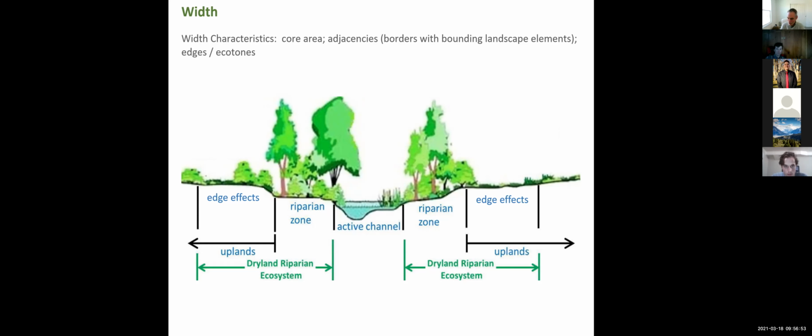So again, the width of those edges is going to help to buffer that interior area from the edge effects. And that's why those buffer areas are so important, particularly when we're talking about corridors, because they help to protect that resource at the center and also provide a much more functional conduit for wildlife to move across the landscape.